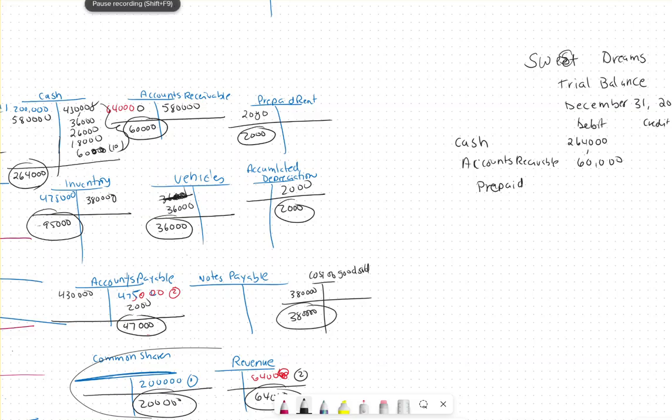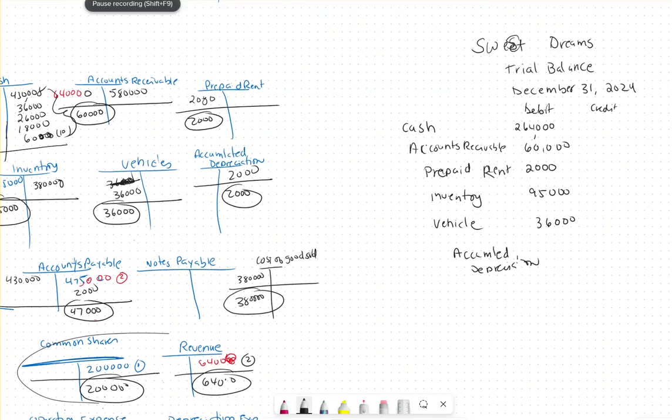Then my inventory, a debit balance of 95,000. I have my vehicle, a debit balance of 36,000, and accumulated depreciation, which is a credit balance. If it's a credit balance, I need to put it under the credit column. So this is my credit column, and that is your $2,000.